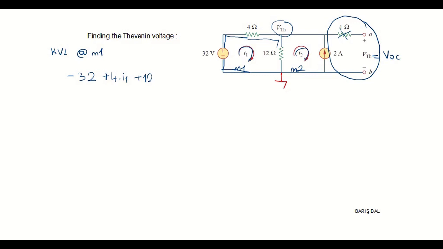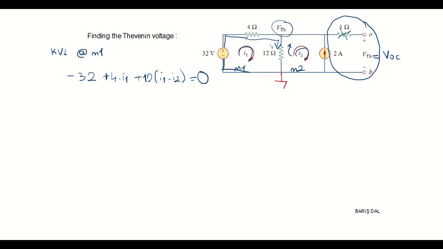The I1 is going downwards and the I2 is going upward. Since these two are not in the same direction, we should write I1 minus I2, and it should be equal to 0 since it's a closed loop.